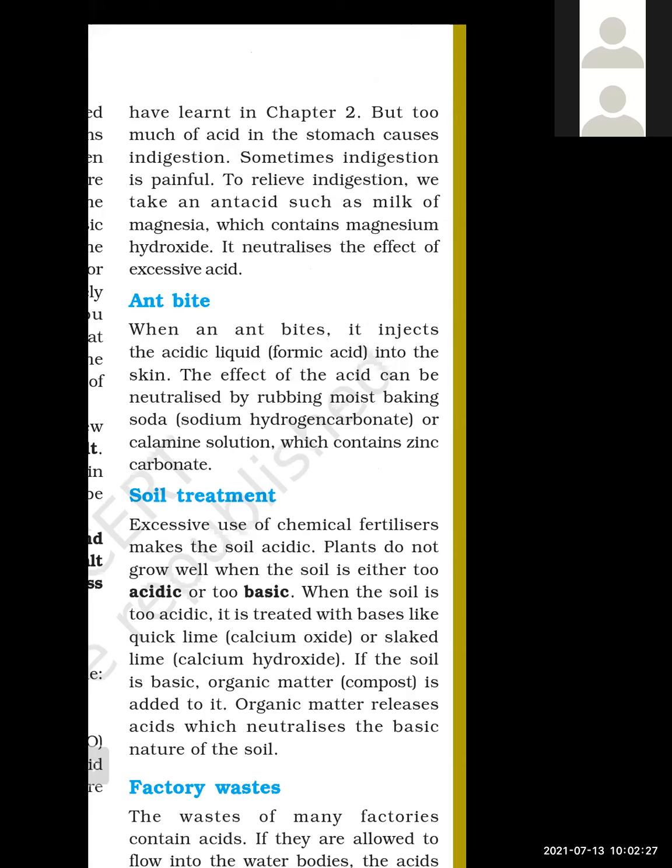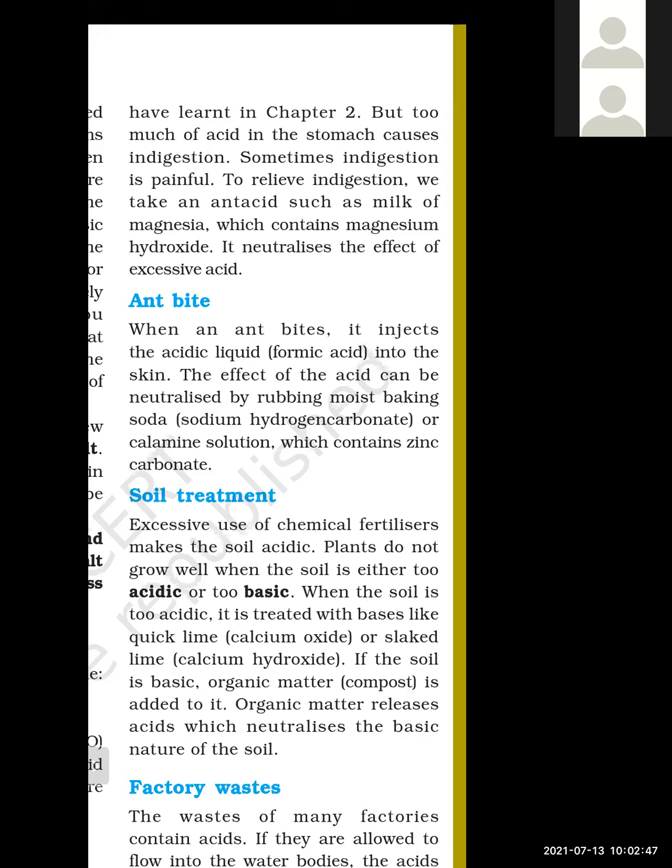The second application is ant bite, and you can add bee bite, the bite of a honey bee, the bite of a bumblebee. The yellow bee you see at your home is a bumblebee, and you all know about the honey bee.